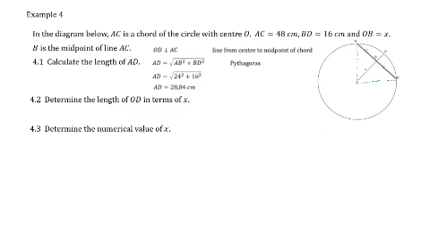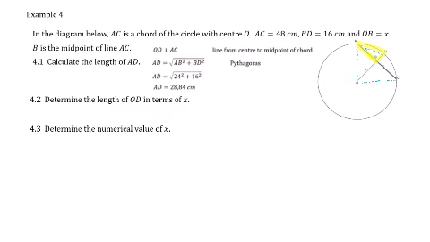Now we can say AD squared is equal to AB squared plus BD squared. We can see on the diagram that AB, AD and BD make a 90 degree angle at B. So this is a right angle triangle. That's why we can use the Pythagoras theorem.